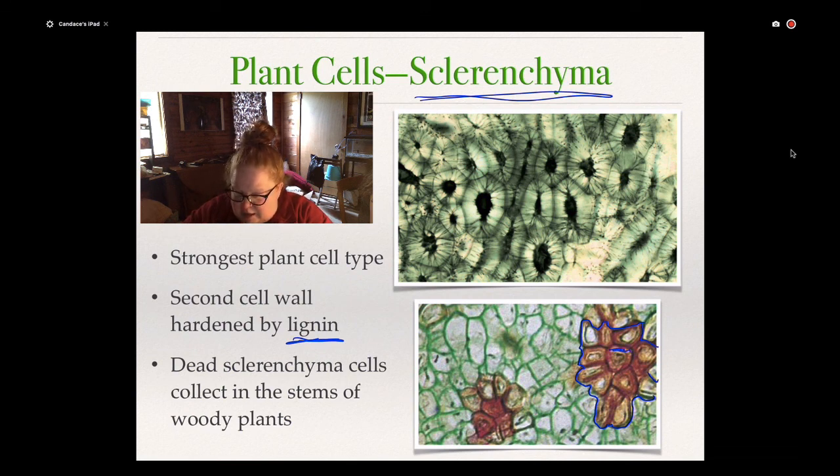But they're going to build up in the plant and give it that strength. This is another picture of some sclerenchyma cells in a woody plant, but one that doesn't get quite as much bark as others. But you can still see this accumulation here, where that lignin is building up within the plant. So those are the three most abundant cell types.